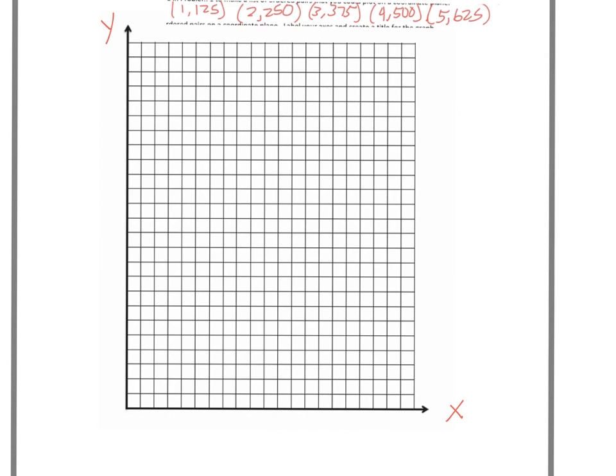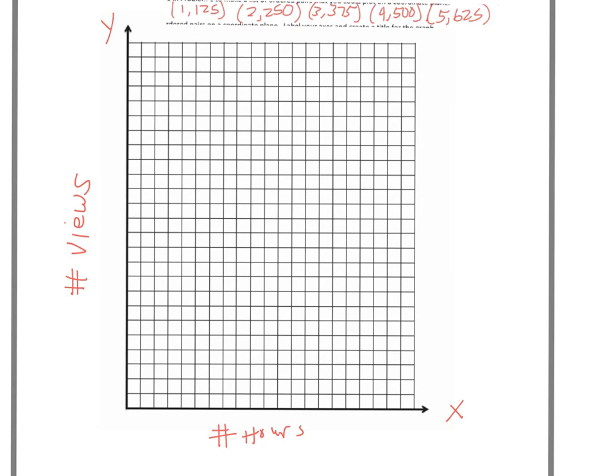And I'm going to do hours on the bottom, and then I'm going to do views on the side. And I probably should put number of views, number of hours, and I'd write that in there as well in word form.